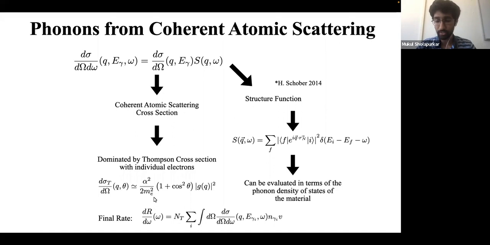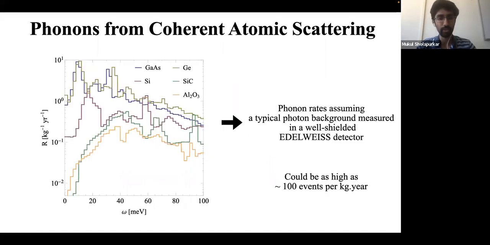So after doing these calculations and performing the estimates for 5 different target materials, which are usually considered for these searches, what we found was, even in a very well shielded environment, so the photon background that we assumed was from the Edelweiss detector, which is a germanium detector placed underground and well shielded, like about 1500 meters underground or something, if I'm not wrong.